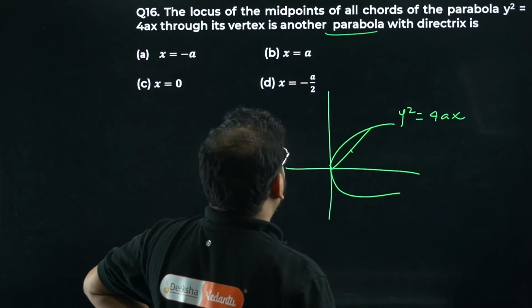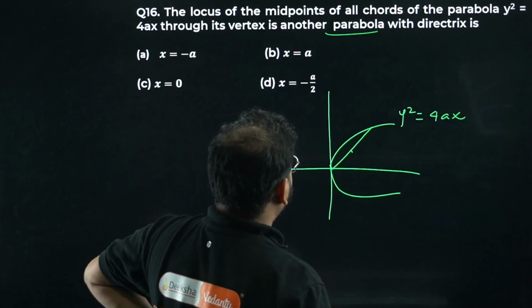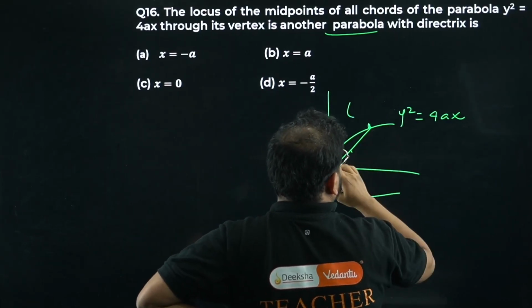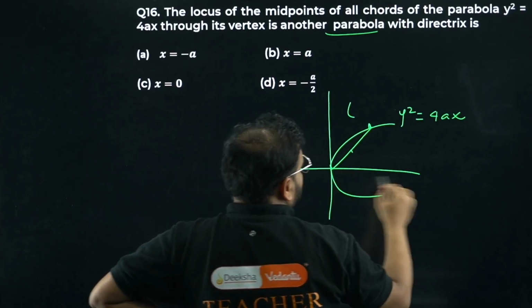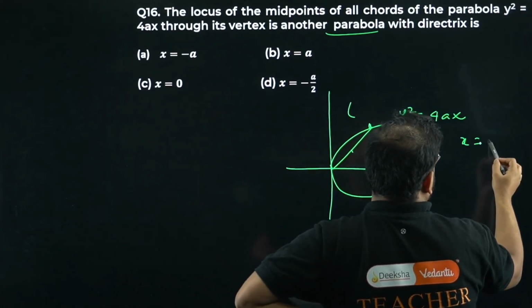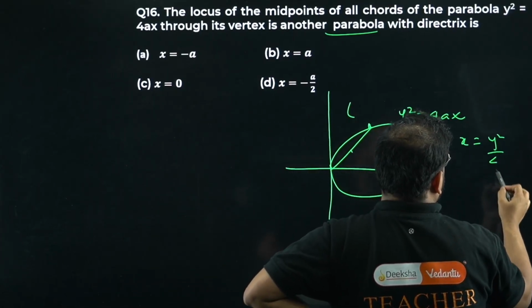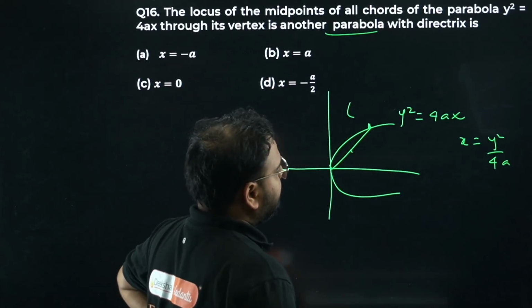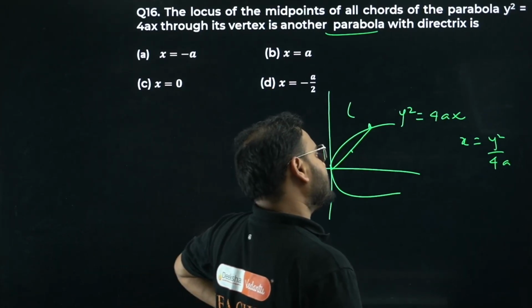Great. So what will we have, sir? If I take this point on the parabola, I can write the x value as y square by 4a.